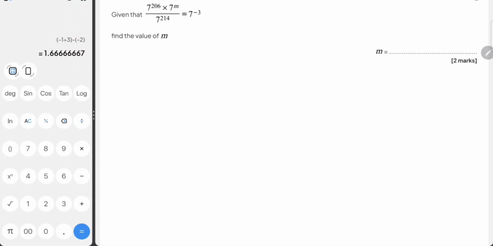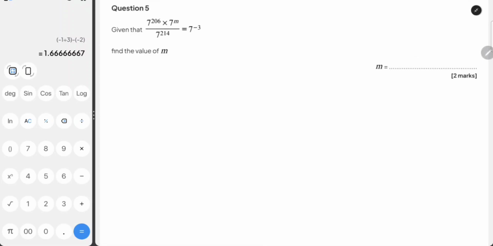Directly we'll apply the indices rules. In multiplication we add the powers, so this will be 7 raised to 206 plus m upon 7 raised to 214 is equal to 7 raised to minus 3.